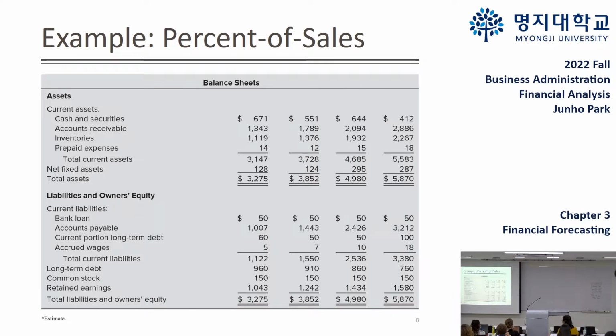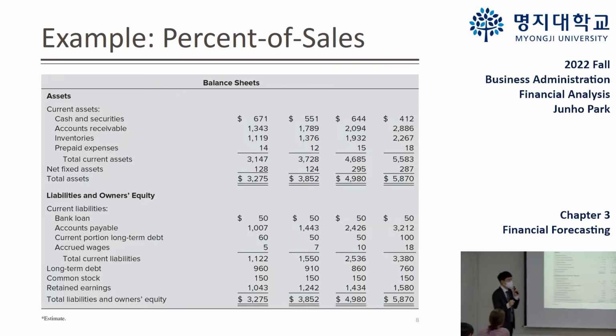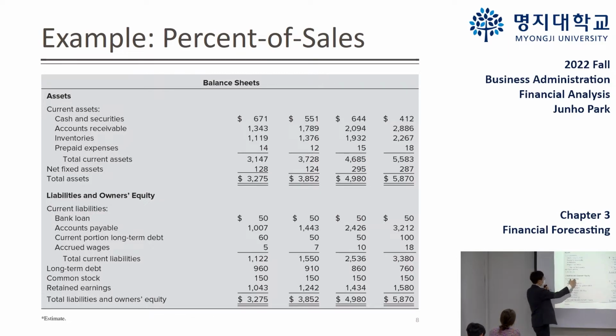So cash will be generated if you sell your products or your services. Therefore, the amount of cash you have will be related to your sales. And also, accounts receivable is the promise that you are going to get the money later if you have sold a certain amount of your products. So therefore, accounts receivable is also related to the sales.